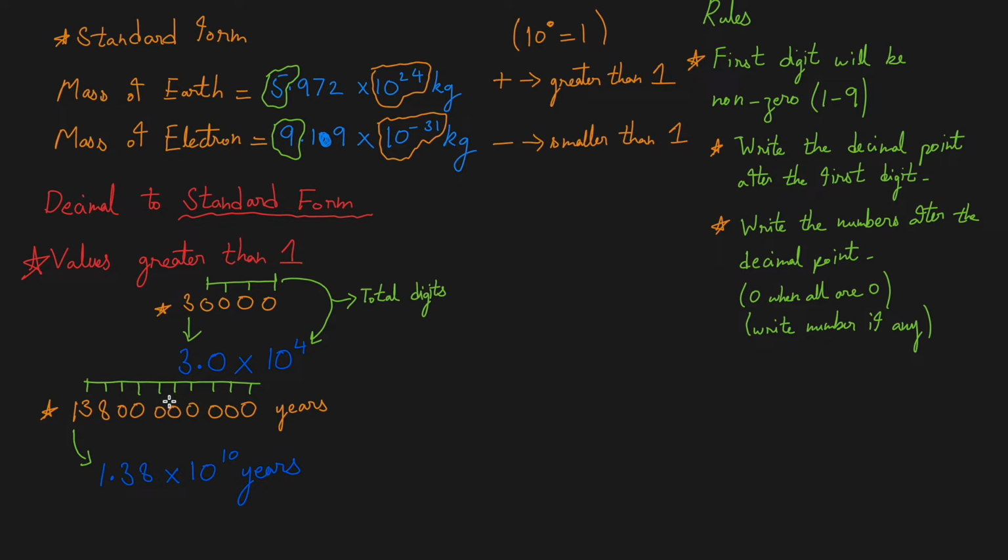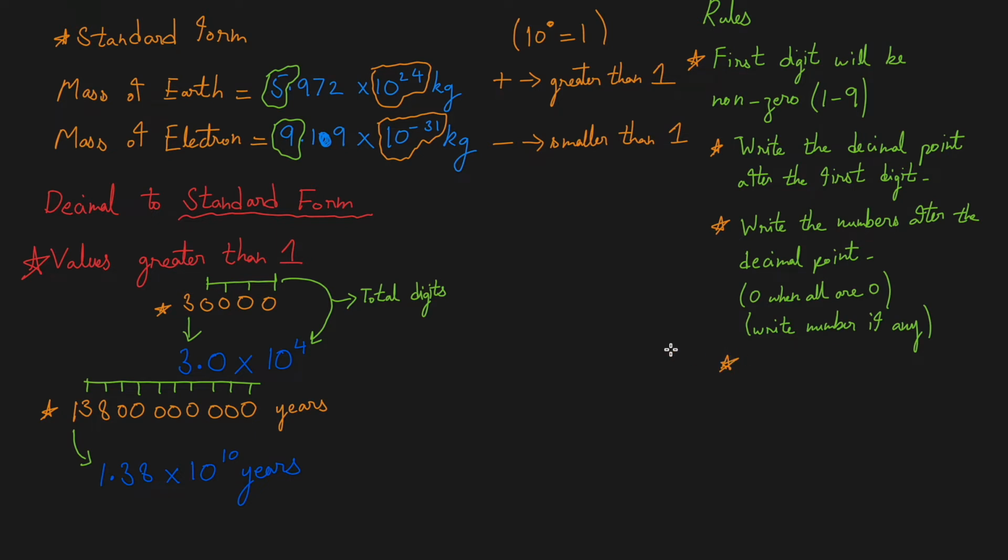It will be very simple. We will write the decimal point here, and we will use zeros also. For example, if 38 is here and zeros are there, then we will write 1.00 and then 38, and then we will use the multiplication sign and 10 to the power 10 here. So write the numbers after the decimal point, and we will have the final one.